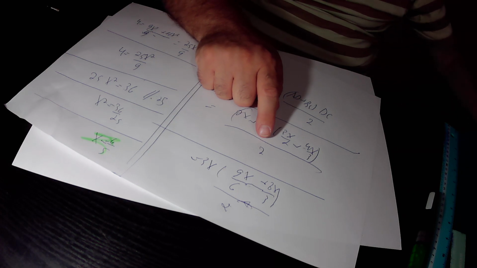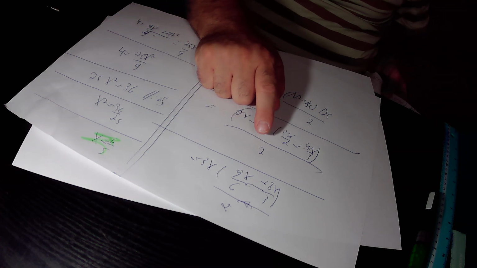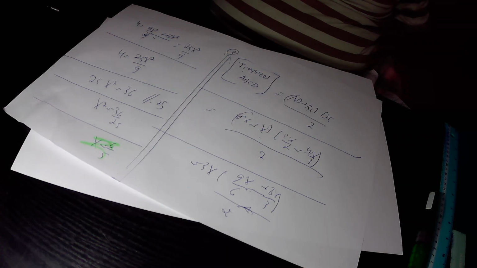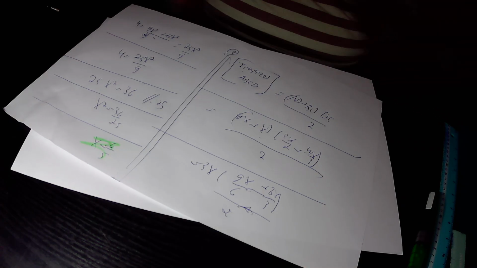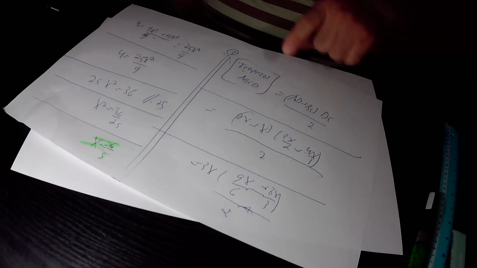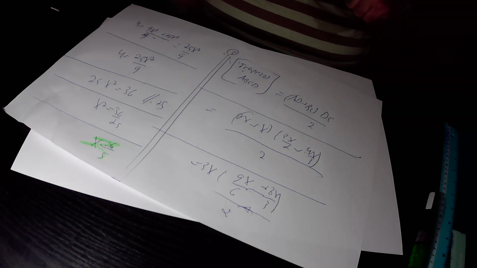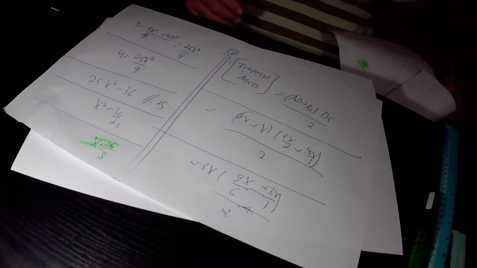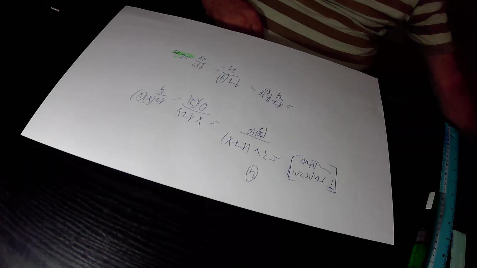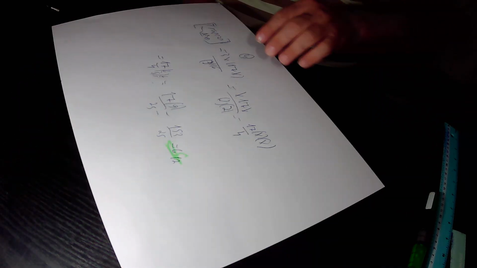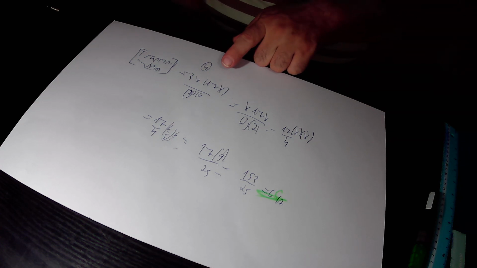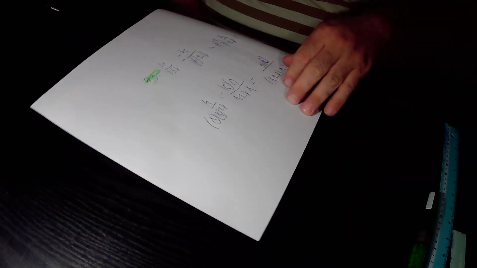We have 9x plus 8x, that is 17x. So in total the area of trapezoid ABCD equals 3x times 17x over 2 times 6.